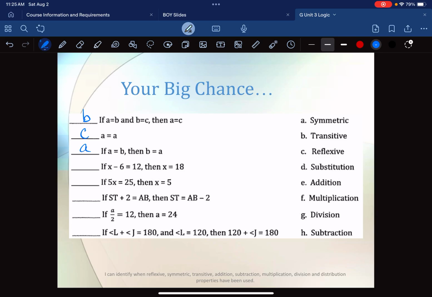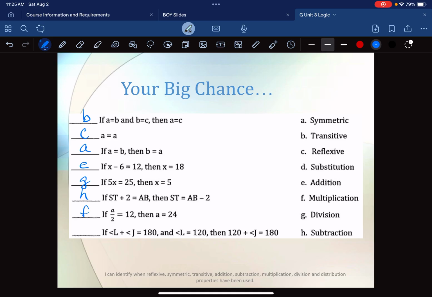X minus 6 becomes just plain old X. Well, they must have added. So that's E. 5x becomes x. They must have divided. That's G. St plus 2 becomes just plain old st. Well, they subtracted the 2. That's H. A divided by 2 becomes A. They must have multiplied by 2.